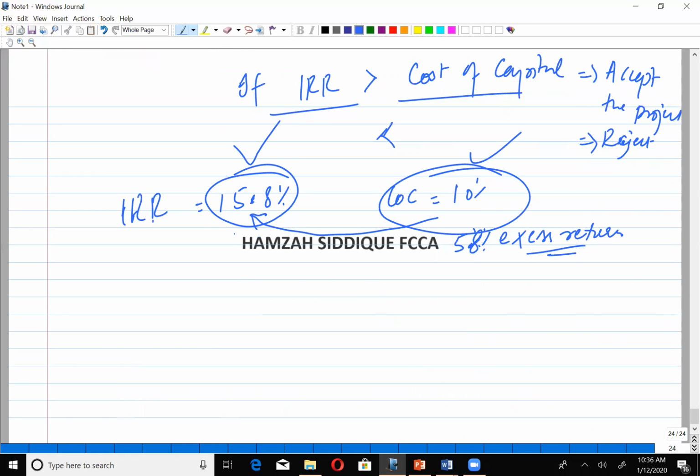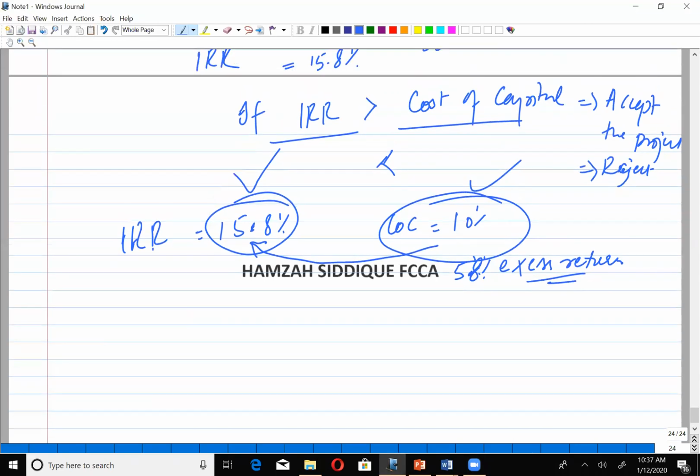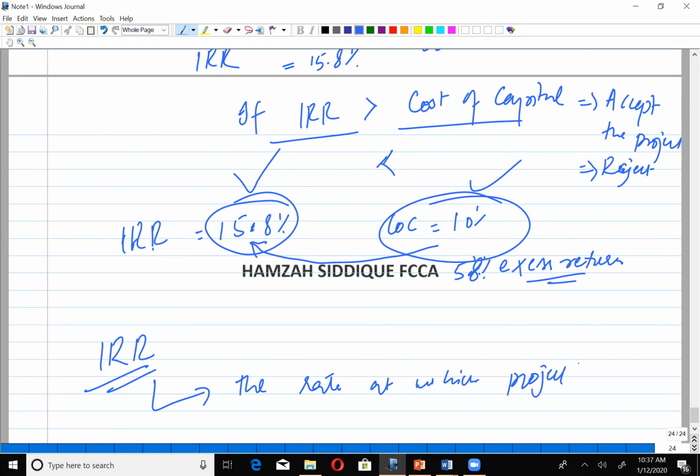Students, in other words, the old-fashioned definition of IRR which you find in the books is that it is the rate at which a project's NPV becomes zero.